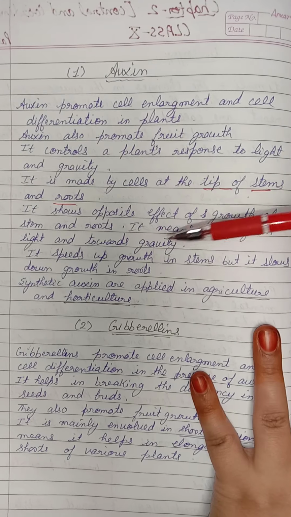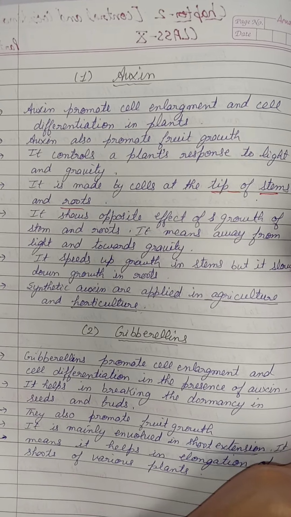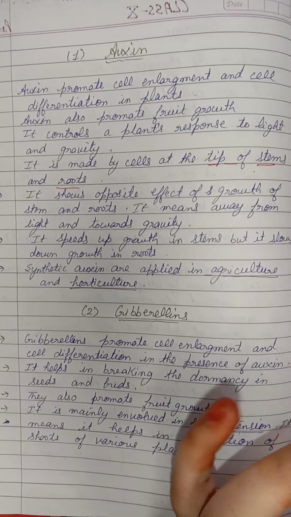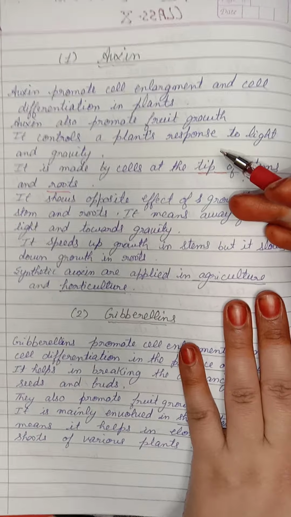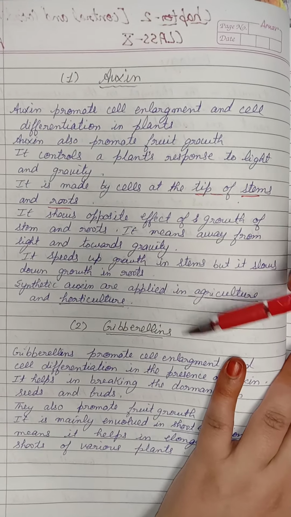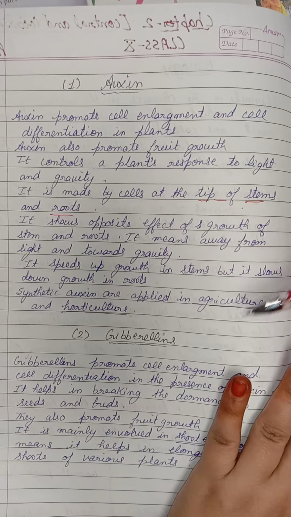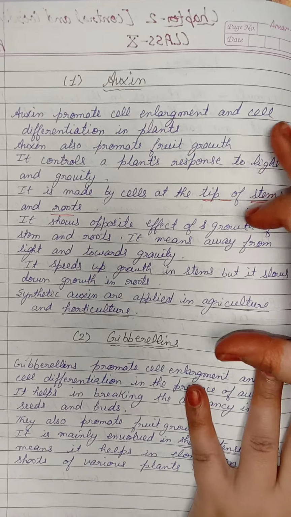That means it speeds up growth in the stems, and in roots it slows down the speed. So it shows a comparatively different response in the stem and the roots. We also use auxin in synthetic form in agriculture and horticulture. This is all about auxin.